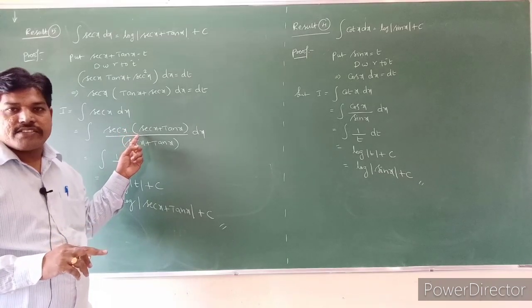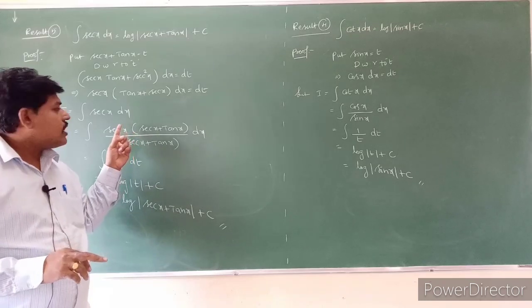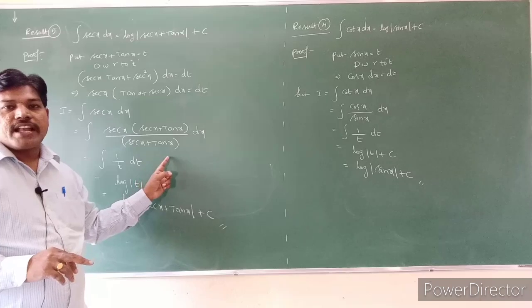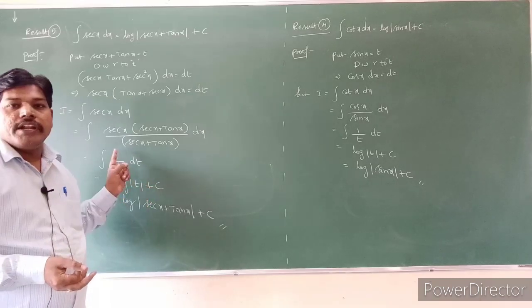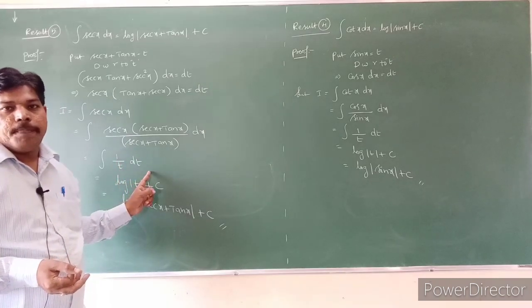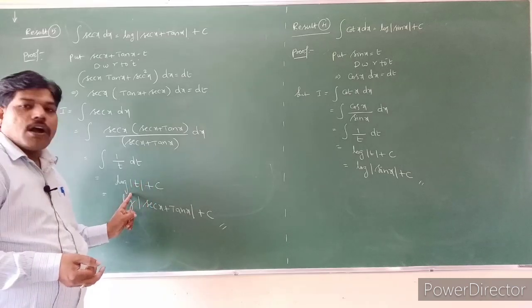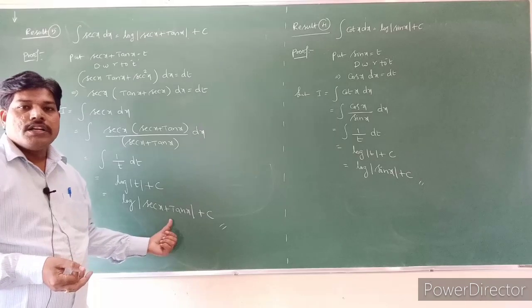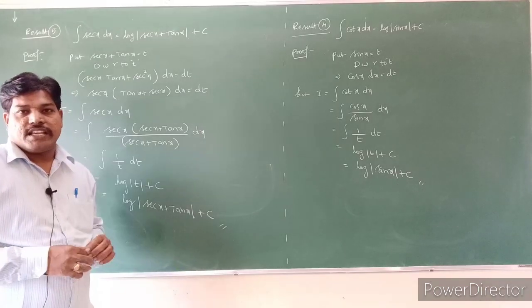The total numerator becomes dt and the denominator secant x plus tan x is t. So the problem becomes the integral of 1 by t into dt, which is log of mod t plus c, that is log of mod secant x plus tan x plus c.